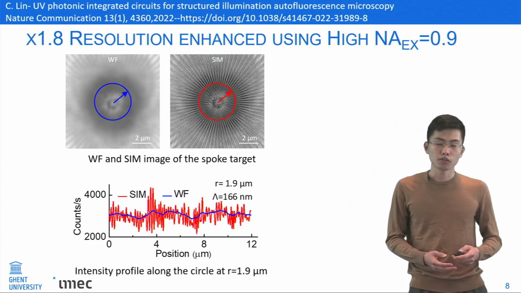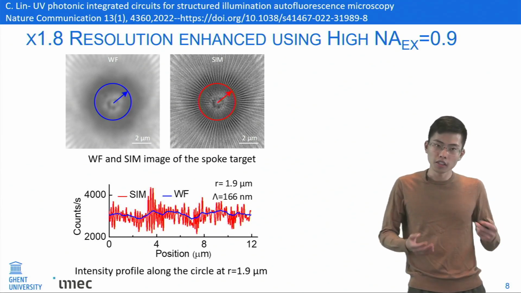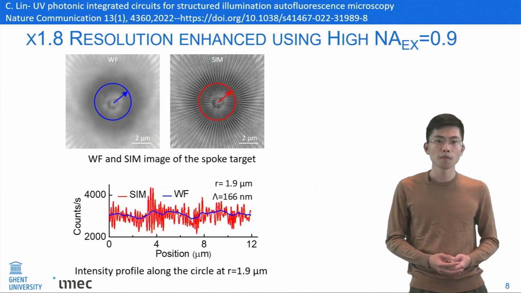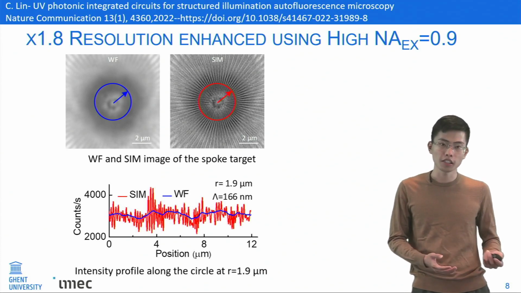After taking a series of raw data and performing image reconstruction, we are able to obtain the super-resolved SIM image. Here we can see the clear resolution enhancement in the super-resolved SIM image by resolving more features in the middle part of the spoke target.